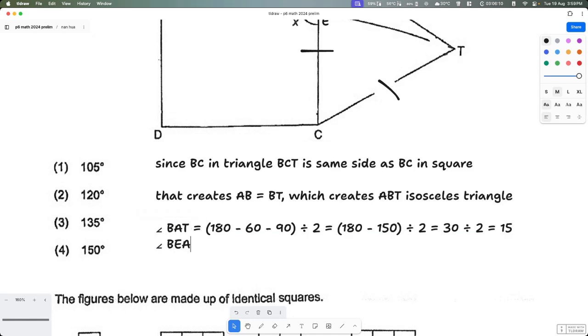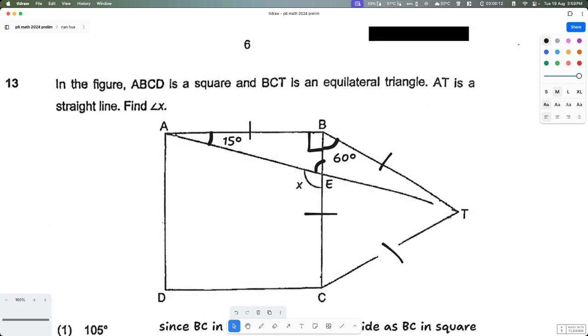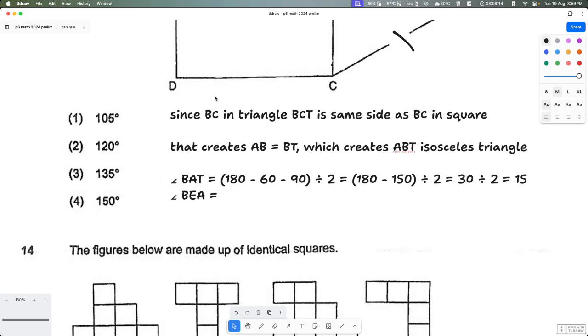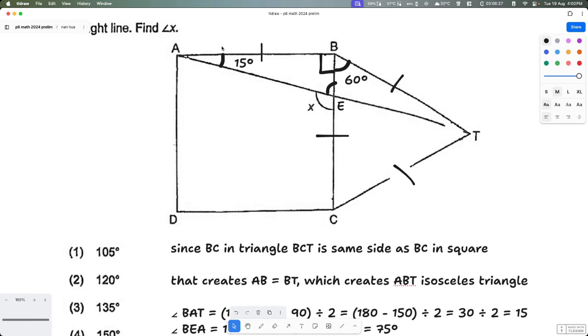Angle BEA is equal to 180 minus 90 minus 15, which is equal to 90 minus 15, which is equal to 75 degrees. Okay, so BEA is 75 degrees, like this over here. So I'll put 60 like this.